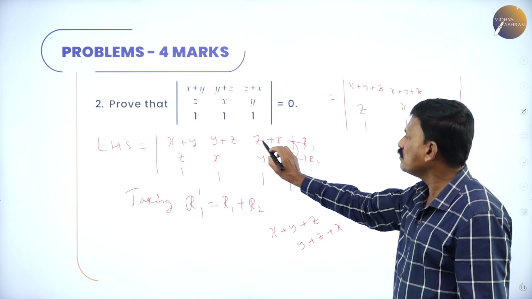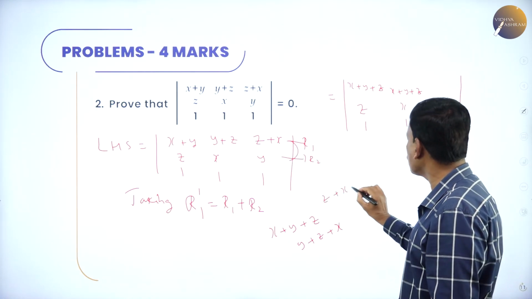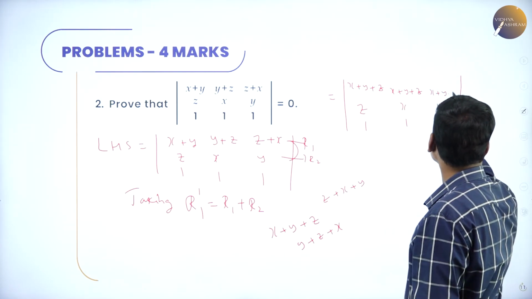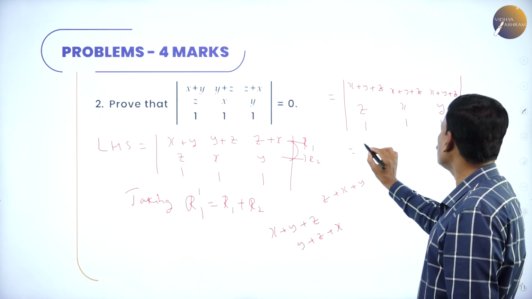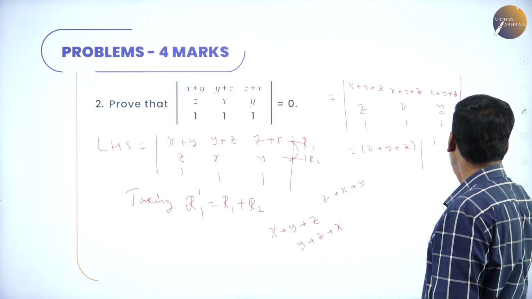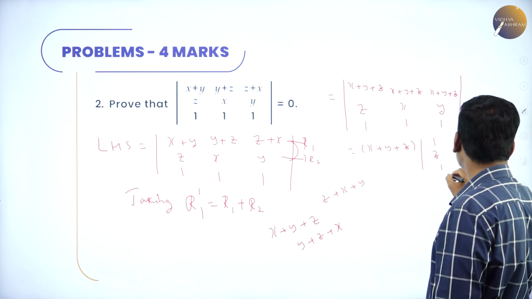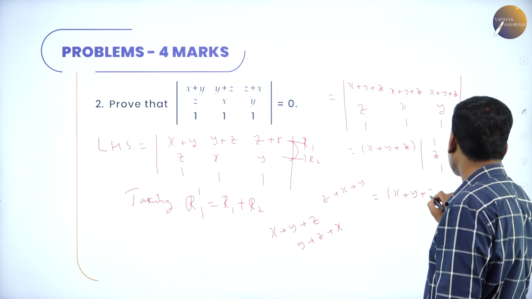Again adding these two elements, z plus x plus y, put it in order, you will get x plus y plus z. So see here, in the first row you can remove x plus y plus z as a common factor, leaving 1, 1, 1; then z, x, y; then 1, 1, 1. So this is x plus y plus z.